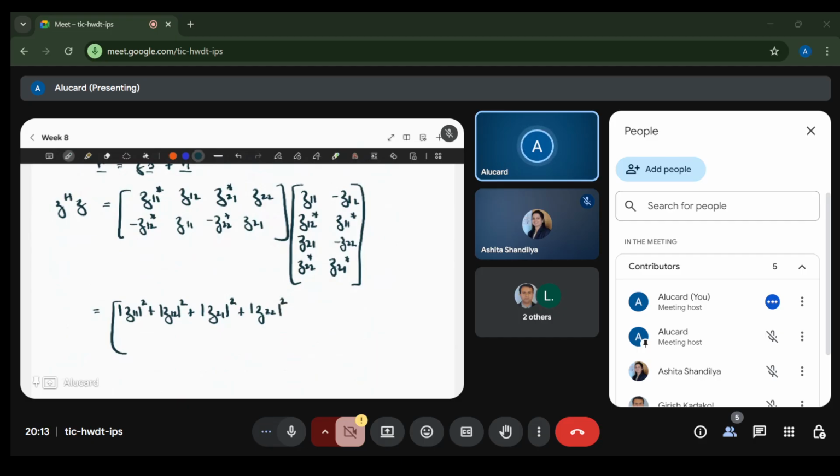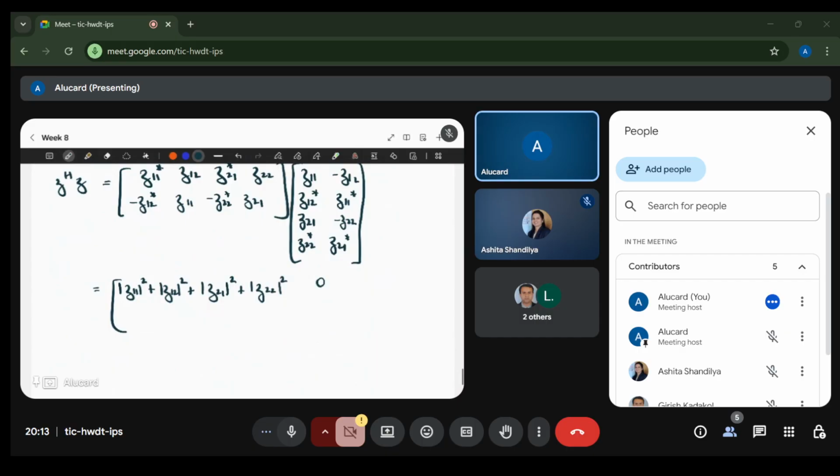The first row times the second column is Z11 conjugate minus Z12 plus Z12 times Z11 conjugate. So that is 0 plus Z21 conjugate minus Z22 plus Z22 Z21 conjugate. That is also 0.